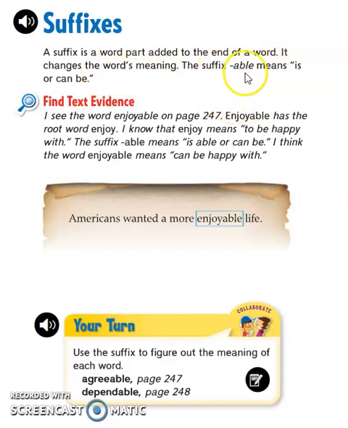The suffix able means is or can be. So if the word is likable, it is to be liked. Okay, so with this suffix added on there, it's can be liked. Now, here we have enjoyable, so it can be enjoyed, right?